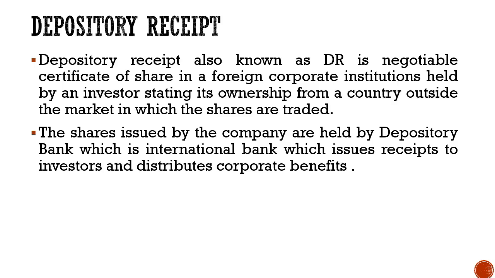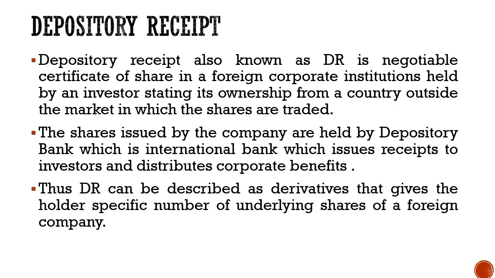So this entire work is done by the depository bank, which is nothing but an international bank, and it issues depository receipts to the investors. Thus, a depository receipt can be described as a derivative that gives the holder a specific number of underlying shares of a foreign company.